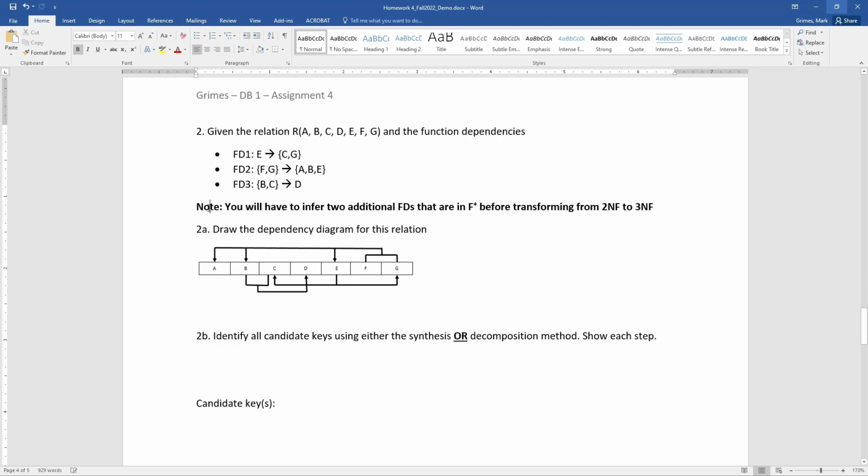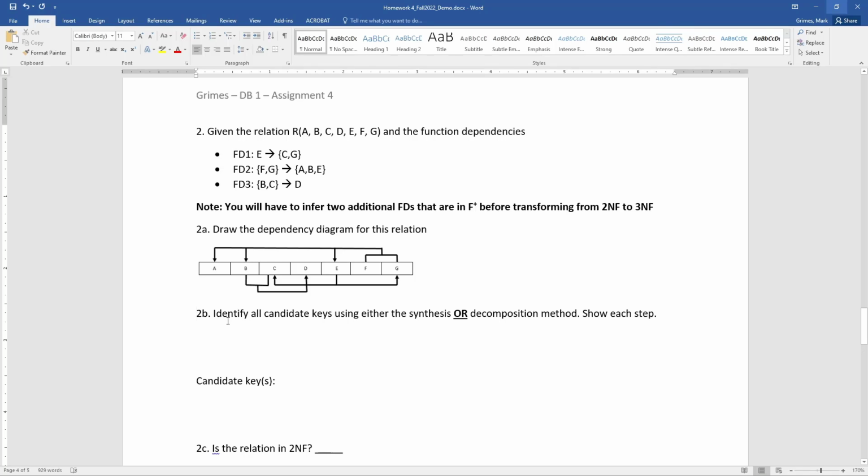And note there is a little warning here that we're going to have to infer a couple of additional functional dependencies during our transformation from second normal form to third normal form. So we'll talk more about that in just a moment. But before that, let's go ahead and identify all of our candidate keys using either synthesis or decomposition. So I will start with synthesis.